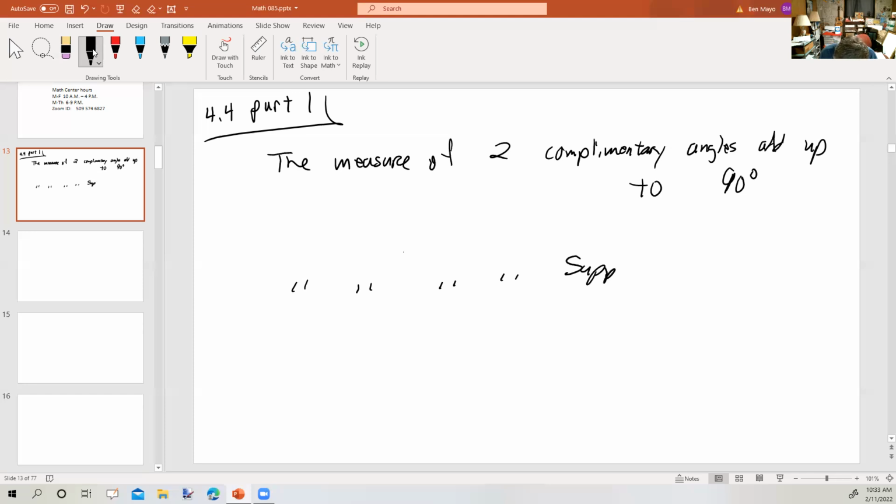Yeah, it does. Supplementary angles add up to 180 degrees. So 2 angles that are complementary add up to 90 degrees, which makes a right angle. If 2 angles are supplementary, they add up to 180 degrees, which makes a straight angle. In other words, 180 degrees is halfway around the circle.